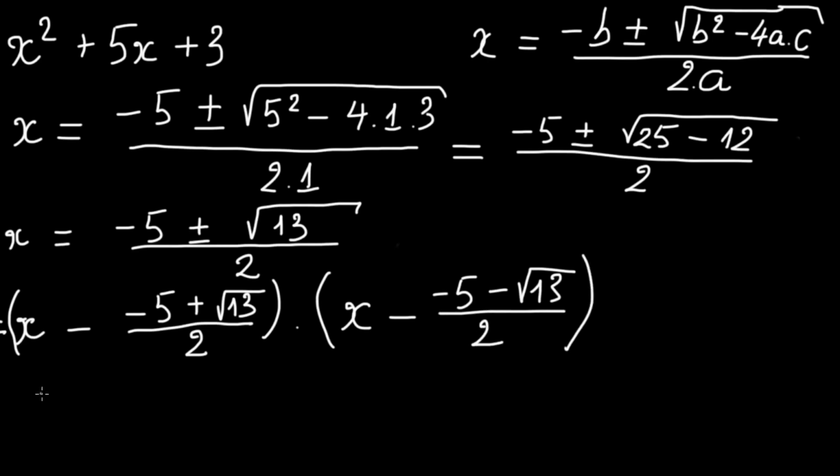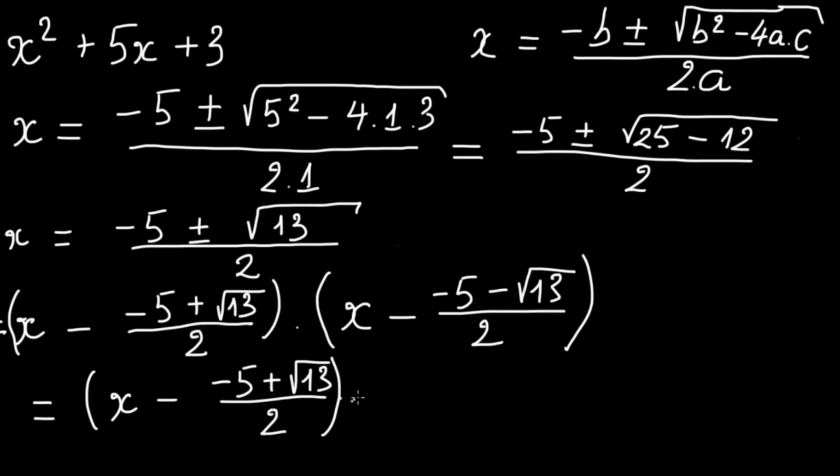And then you can simplify further. You put negative 5 plus the square root of 13 right here, all divided by 2, right? Times, you see this negative sign outside of the numerator. The numerator has a negative 5 and subtracts the square root of 13.